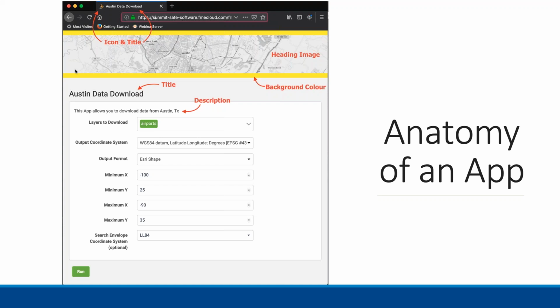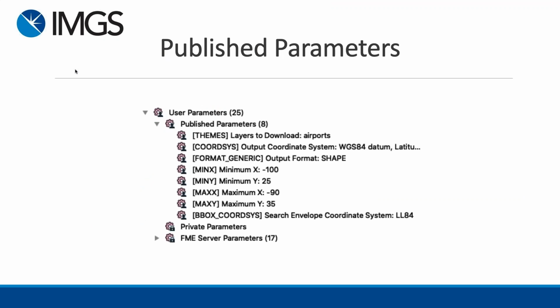And obviously then you can see we've got those typical drop downs that have come through. So we've got our output formats, everything you'd be familiar with seeing from building a workspace are just published up there. And obviously all of that's driven from the published parameters. So whatever published parameters you create are basically what will get exposed to your web app, in just the same way as it would do through the Workbench interface. It's the same with the server apps as well as part of that process.